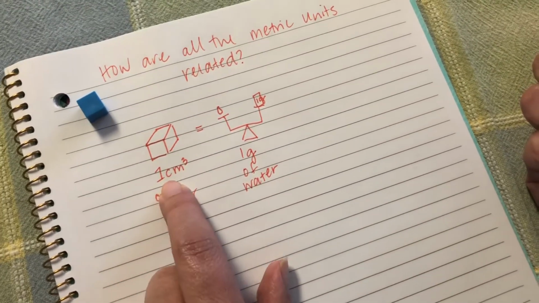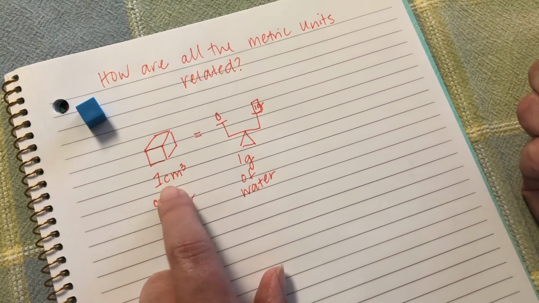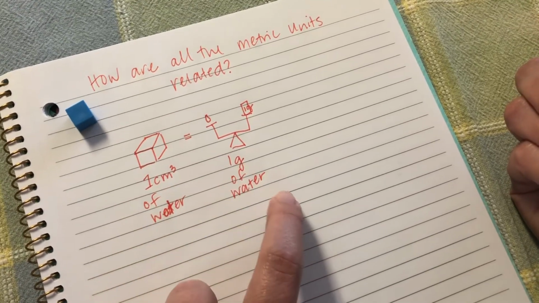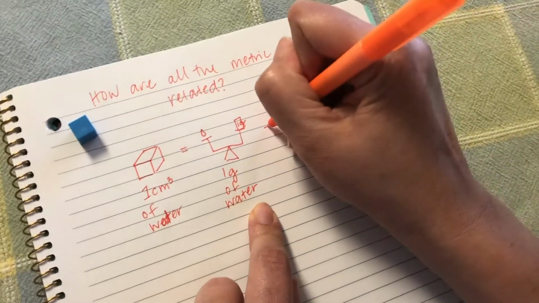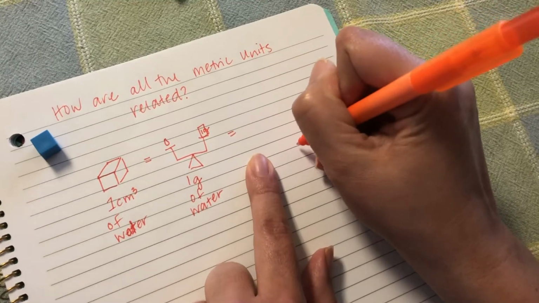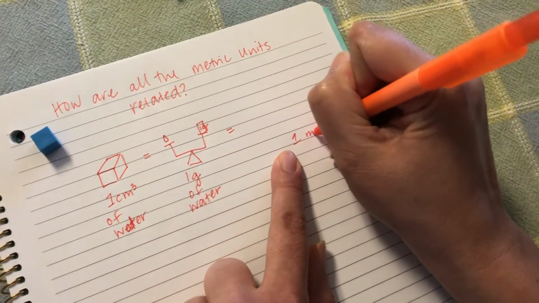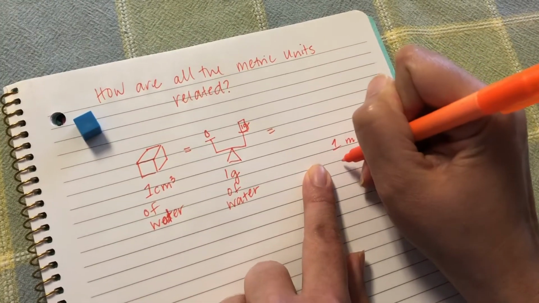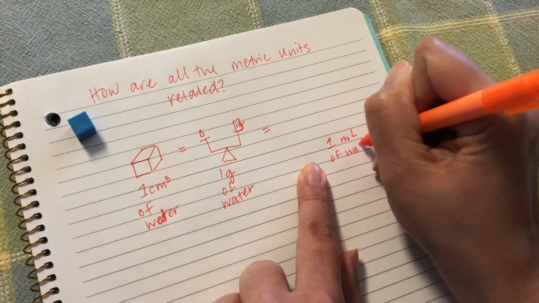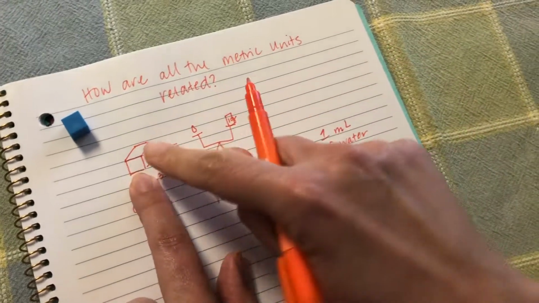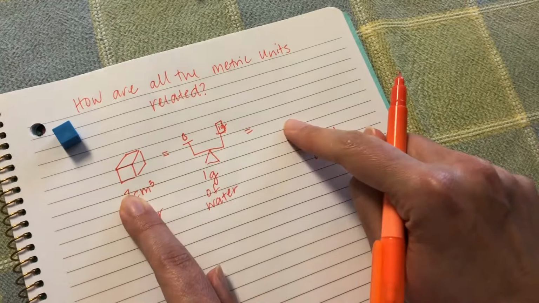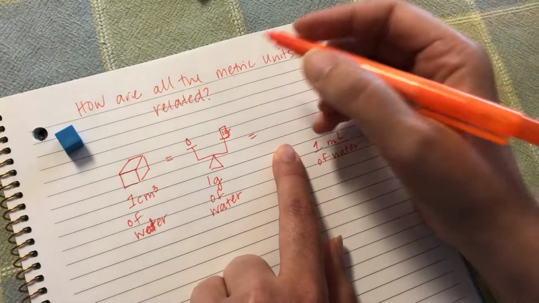So 1 cubic centimeter of water is the same as 1 gram of water, which is also equal to 1 milliliter of water. This is the same. So this amount would also be 1 milliliter of water.